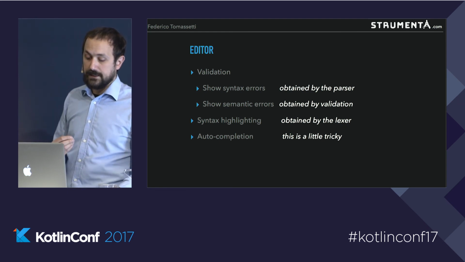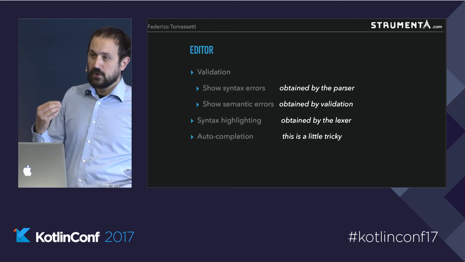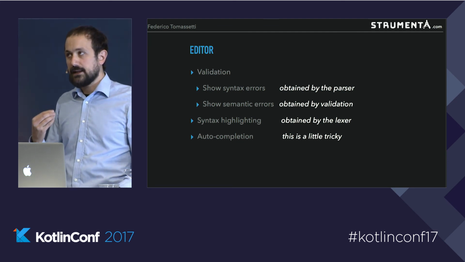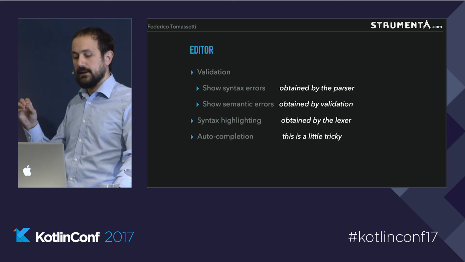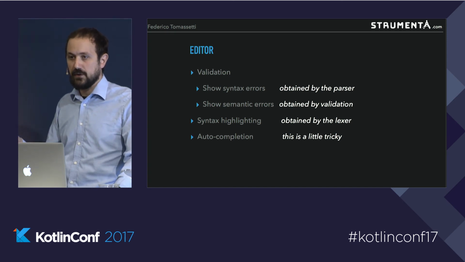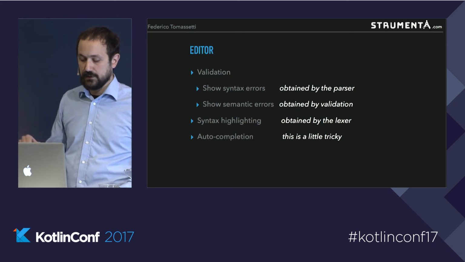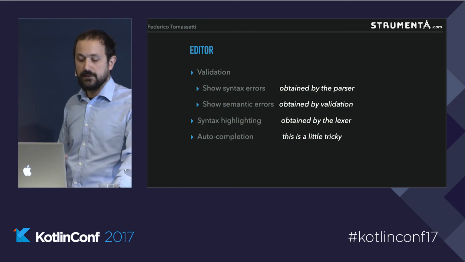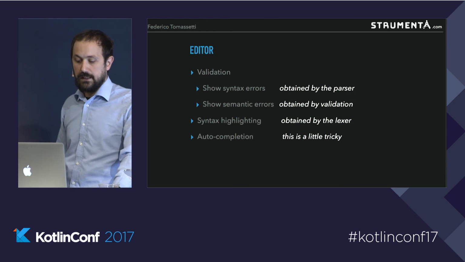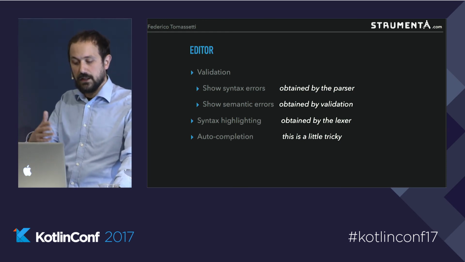But the problem is that it's not always easy to understand which symbols are available in a certain context, so which variables I can refer to in a certain position. For this, I need to specify scoping rules, and so it requires some extra work. I cannot obtain this for free like the other features.